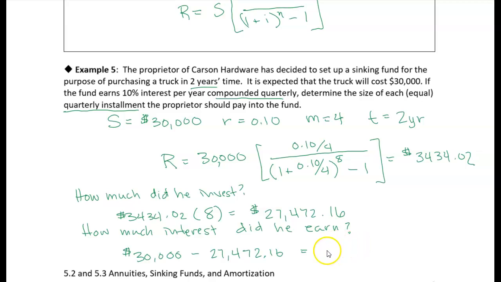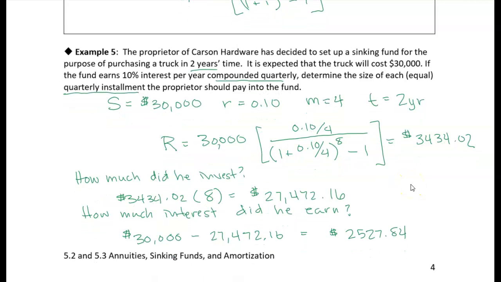And so that means he earned $2,527.84. Over 2 years, he gets about $2,500 for free by earning interest. All right, so that takes care of example 5, and I'll meet you in the next video.